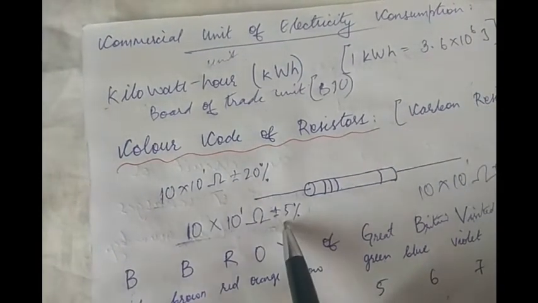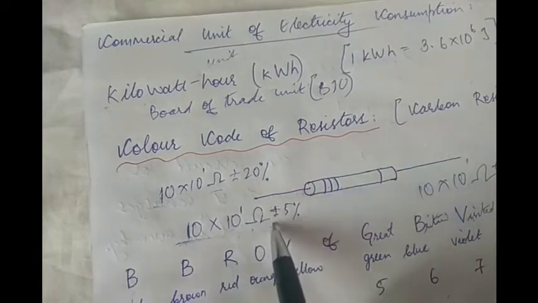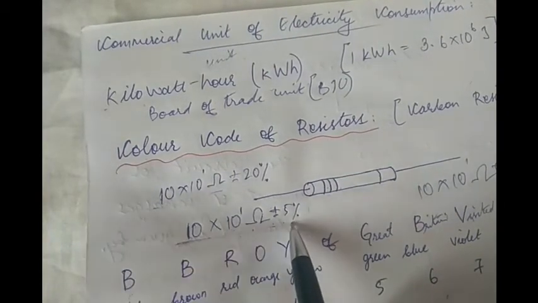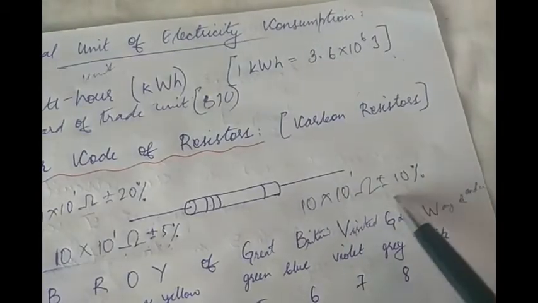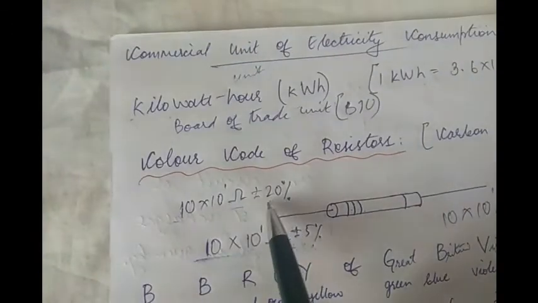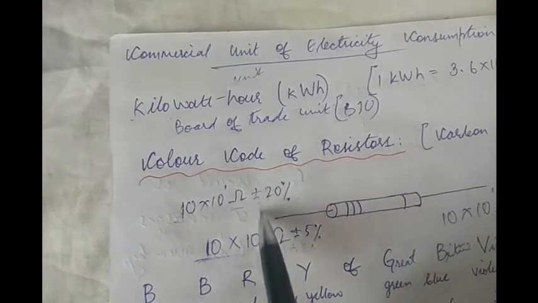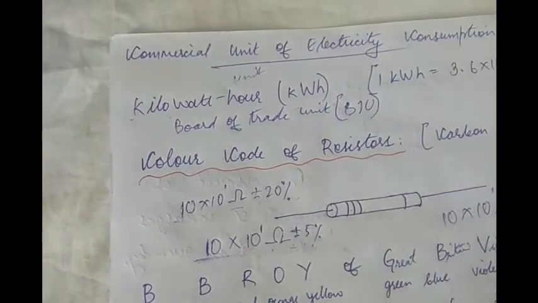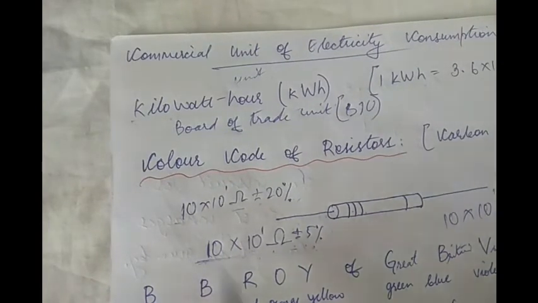If it is golden, the value of resistance is plus minus 5%, which is more accurate. Then we have silver, less accurate, plus minus 10%. If there is no fourth band, the tolerance is plus minus 20%. So the tolerance factor gives you an idea about how accurate this value is.